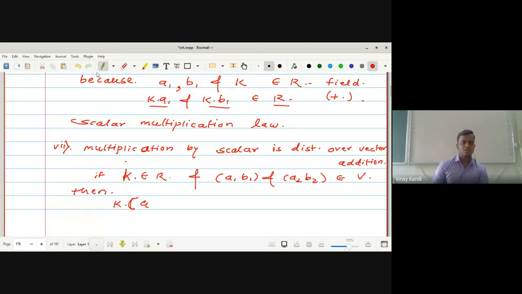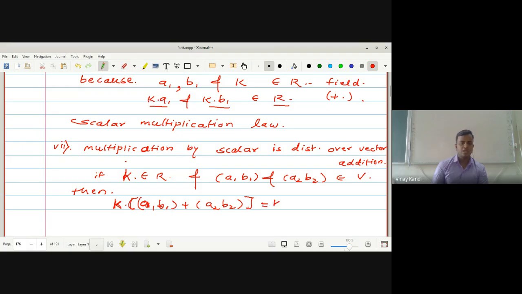Okay, so here k into the first vector (a1, b1) plus (a2, b2). How is multiplication by the scalar k distributed over the addition of these two vectors?